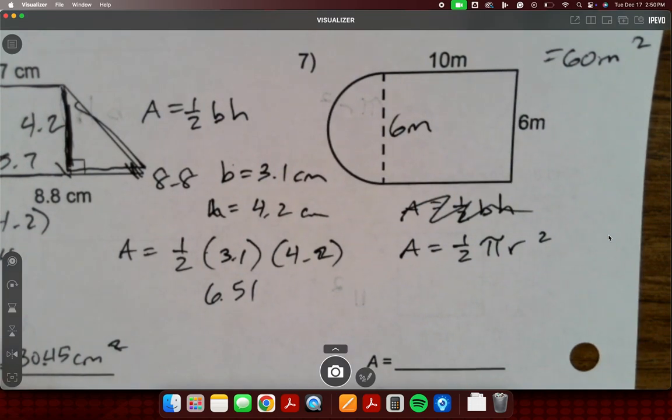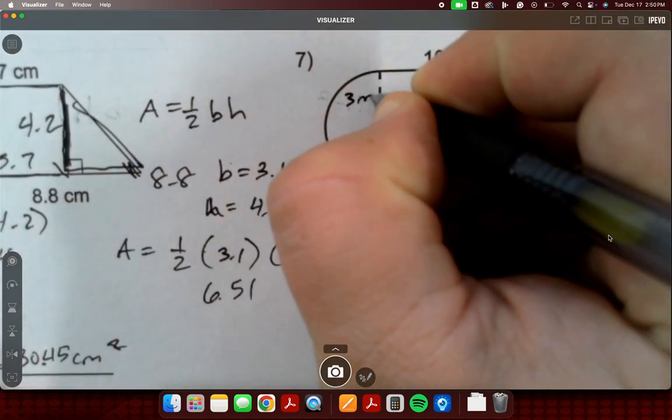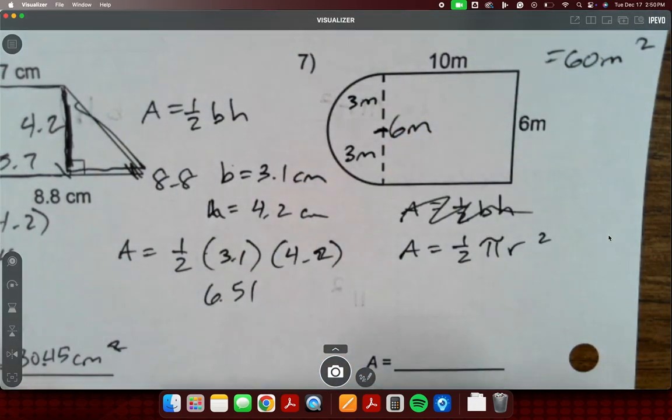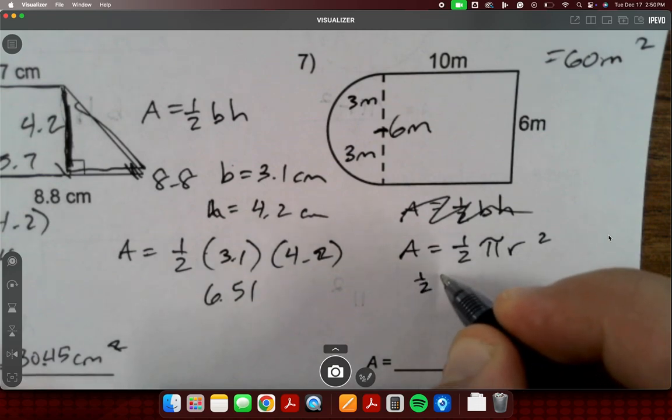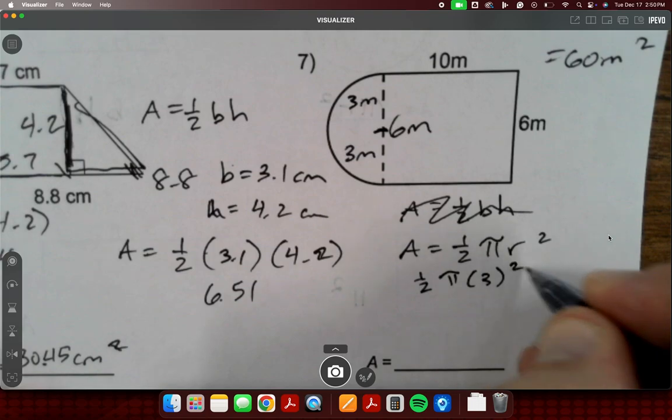Okay, but if you notice this time, they gave us the diameter. 6 meters is the diameter. We need to find half that distance to get the radius. So it's 3 meters on either side. So we get 1/2 times pi times 3 squared.